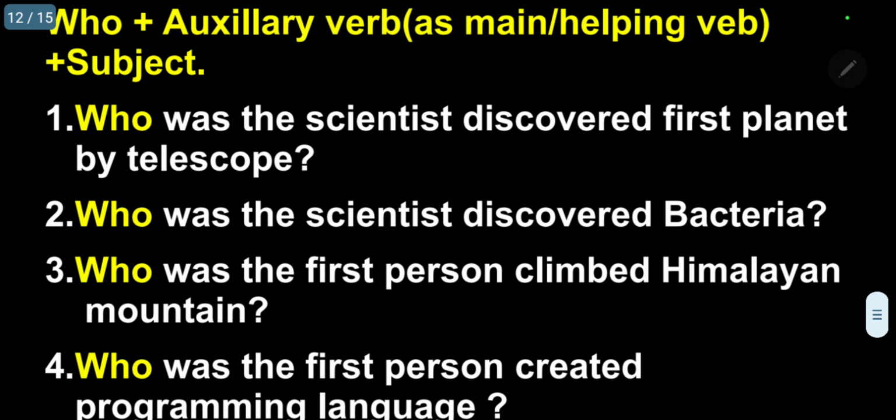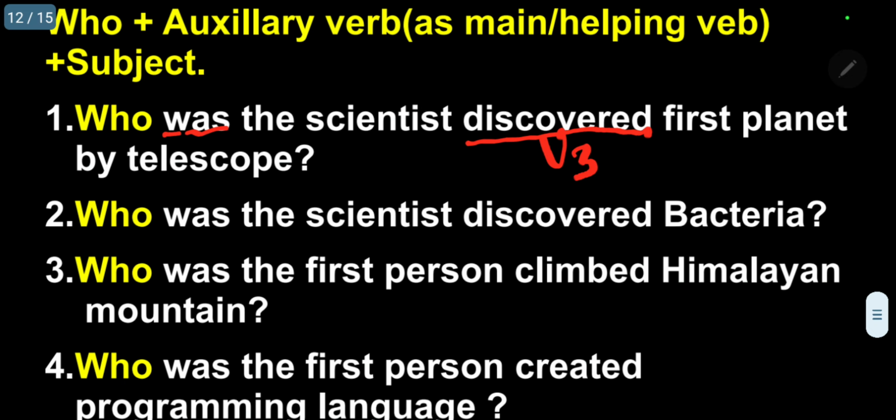One most important piece of information you must know: once you use was in the past tense, then automatically the other main verb should be in the past participle, that is V3. Who was the scientist discovered first planet by telescope? Was is the helping verb. Discovered is the main verb, the past participle of discover.